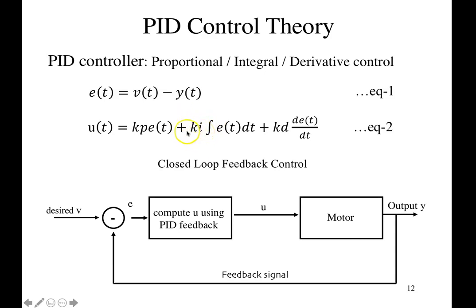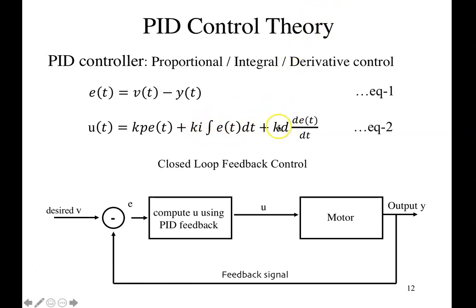Again, this is a gain we tune. It's called Ki, or the I term gain. And the output u(t) of this part is proportional to the integration. Therefore, it is the integration of the error that determines how much output is multiplied by Ki.